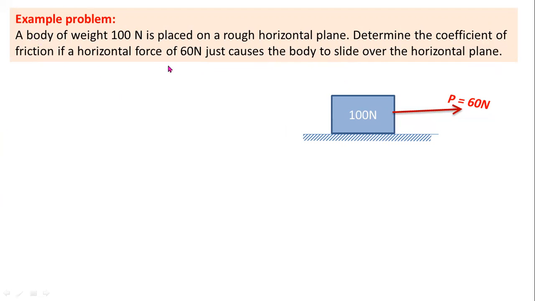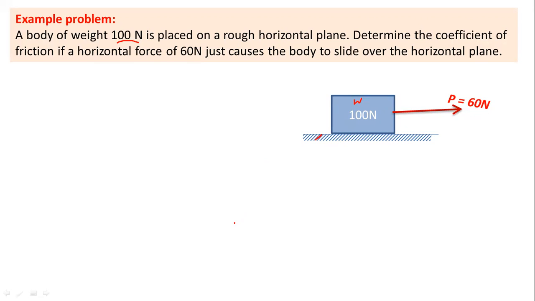From the given question, first you have to identify the given data. A body of weight 100 newtons, that means self weight W equal to 100 newtons, is placed on a rough horizontal plane. For rough planes, you have to consider frictional force. For smooth planes, don't consider friction.